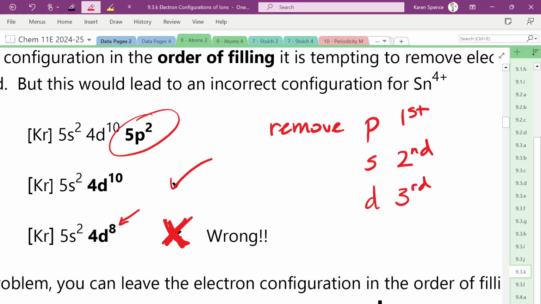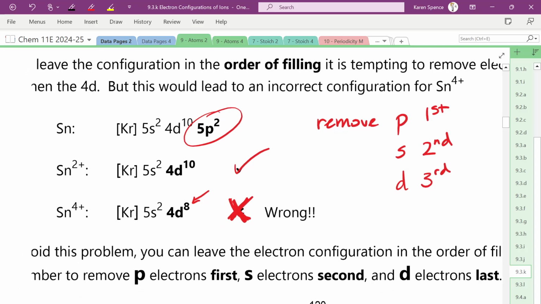Maybe if you've artificially created an ion, like let's say you had a tin 4+ and you shot some ionization energy and ripped off an extra electron, then you could remove a d electron. It's not something that would occur in nature, but it is something you could do to it.